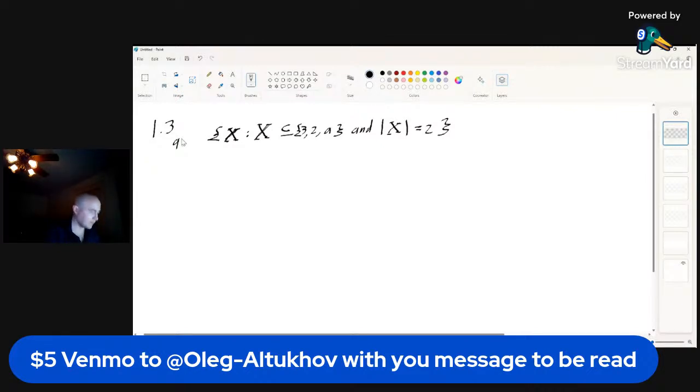X is a subset of {3, 2, A}, and the cardinality of X is 2. So the set X, such that it is a subset of this set {3, 2, A}, in other words it has to contain those elements, and the cardinality is 2.